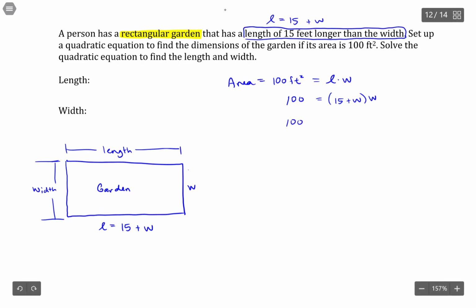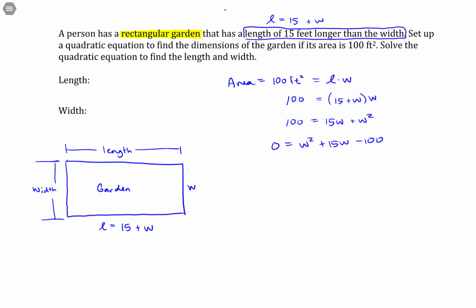And this is the quadratic equation they're talking about, because if you'll notice, if I distribute this W, I would have 15W plus W squared. And it's quadratic because I now have a squared term, which means if I bring everything to one side, 0 equals W squared plus 15W minus 100, I can try my different methods of solving quadratics. One is factoring. So let's see if it will factor.